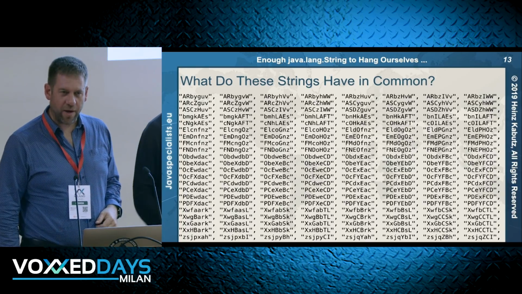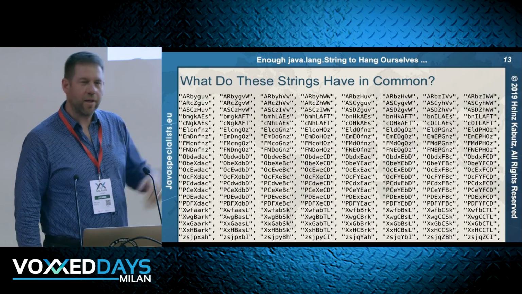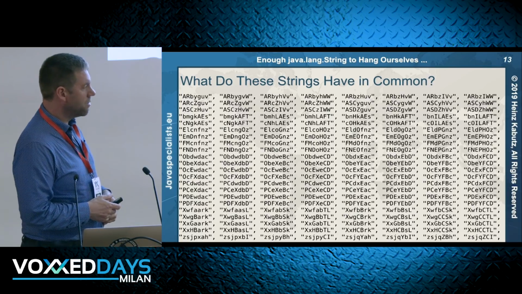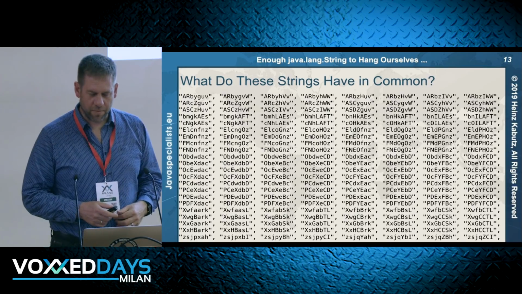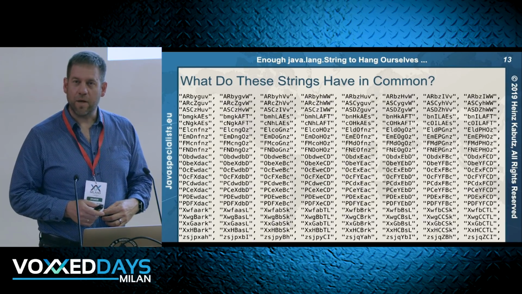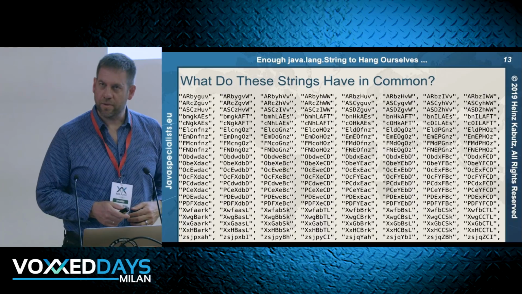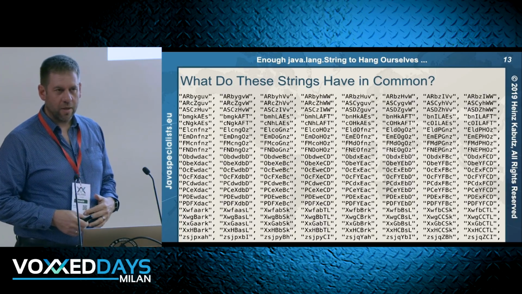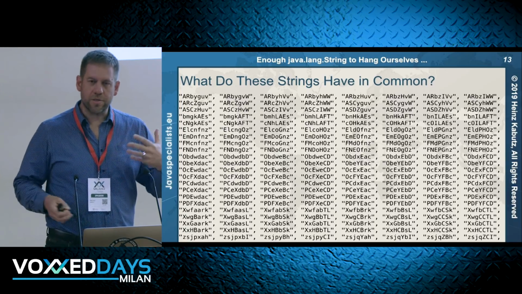And if you want to know how I found them, well, there's an algorithm that somebody wrote. Can't remember who it was. Somebody really famous, and I don't remember his name now. No, it was Mark Reinhold, I think. Somebody really famous wrote an algorithm where he reversed a hash code.